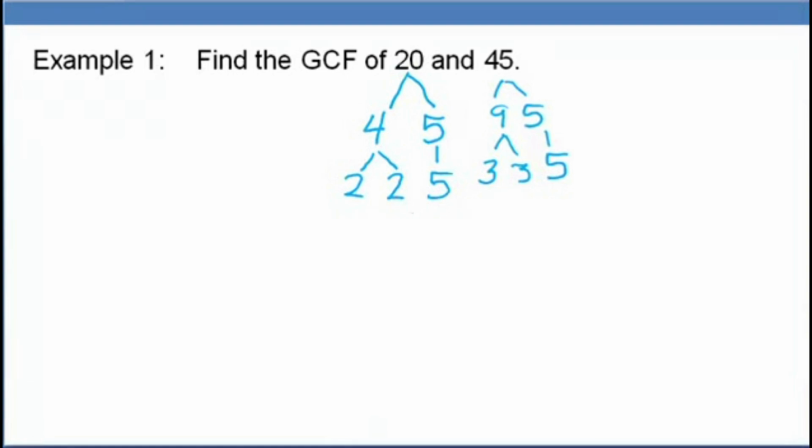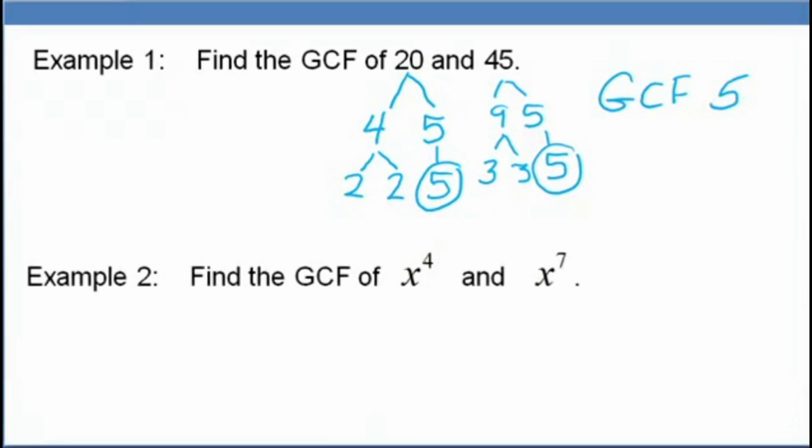So the thing that we see that is common to both is the 5. That is the biggest thing that is common to both 20 and 45. So our GCF is 5.